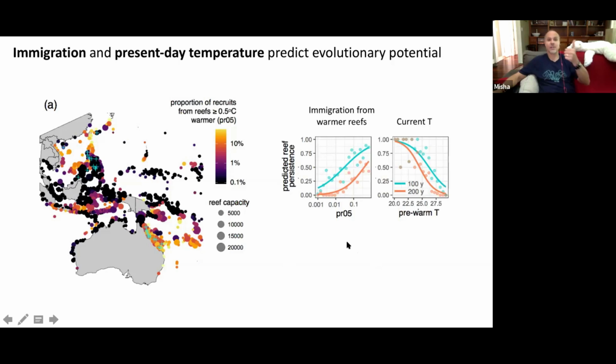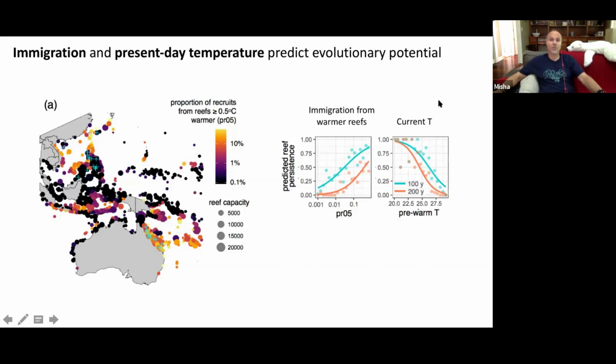One is how many immigrants the population gets from warmer locations, which basically quantifies its potential to absorb adaptive alleles from other populations. This is this graph. On the x-axis is the immigration rate from warmer places and the survival rate of reefs at 100 years and 200 years here. Pretty strong dependence on that factor.